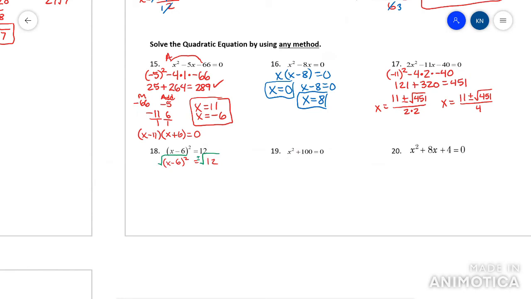So now you have x minus 6 equals plus minus root 12. Root 12 breaks down. That's root 4 times root 3, so that's 2 root 3. So now I have x minus 6 equals plus minus 2 root 3. Then just go and add 6. Again, these are not like terms, so leave them separate. You would have 6 plus or minus 2 root 3.